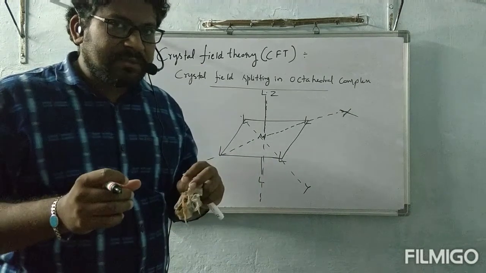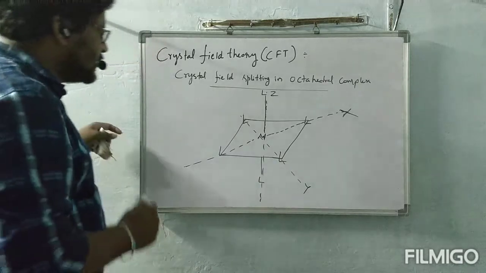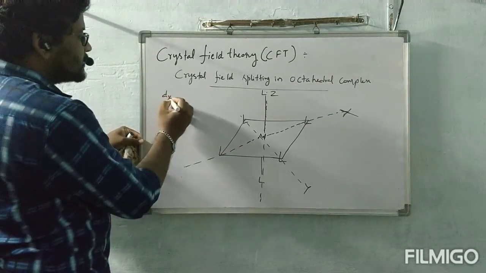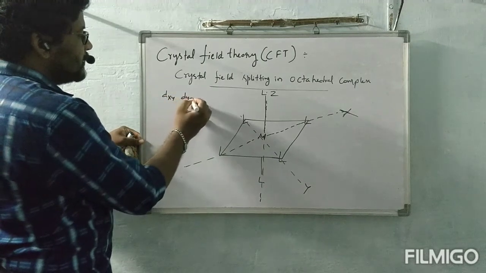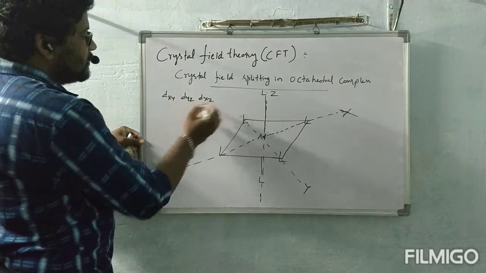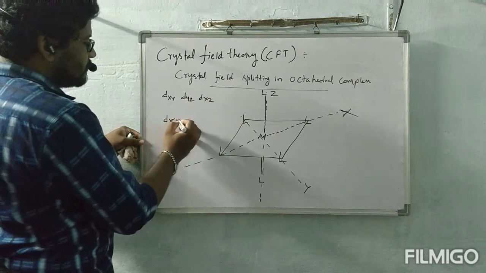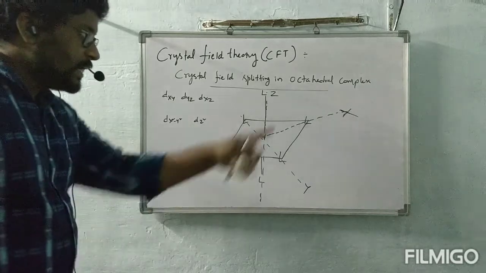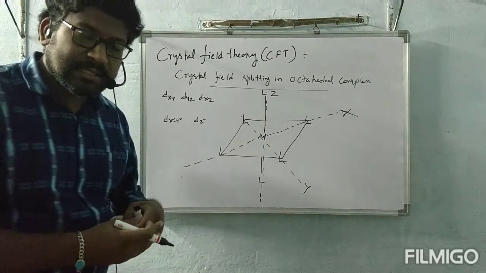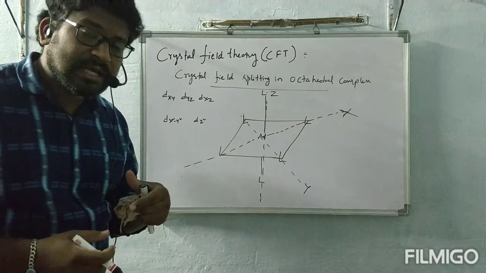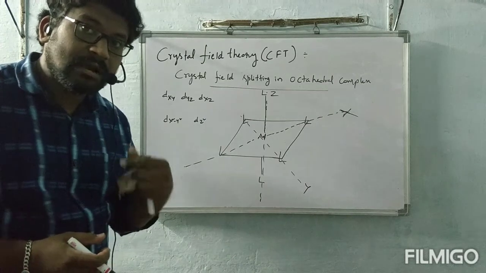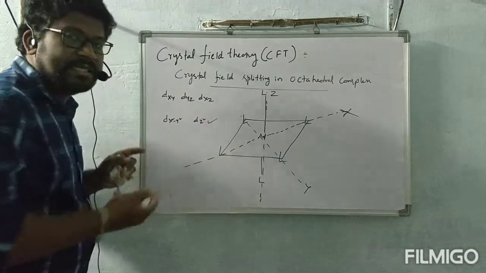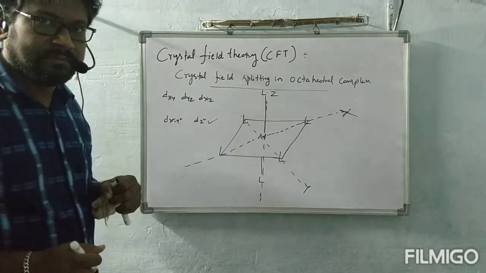When ligands are approaching along the axis, see, we have 5 d orbitals: dxy, dyz, dxz, dx square minus y square, dz square. The orbitals which contain lobes along the axis have their energy increased because of repulsions.